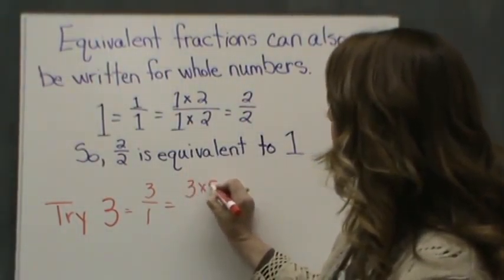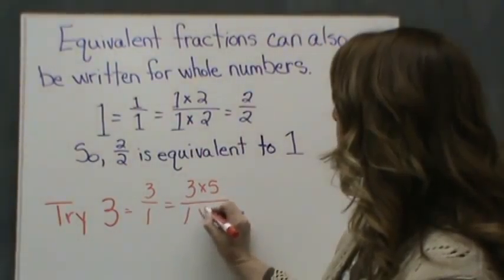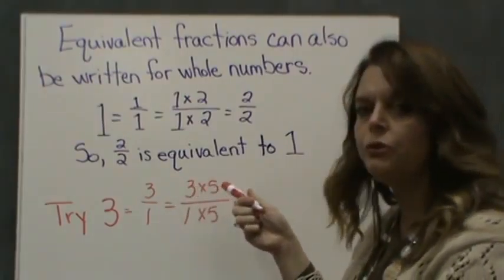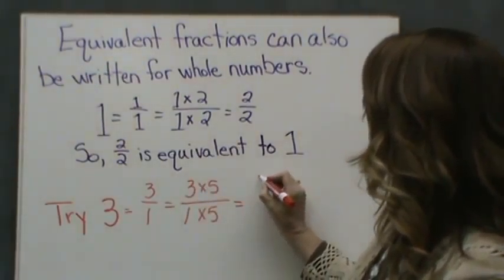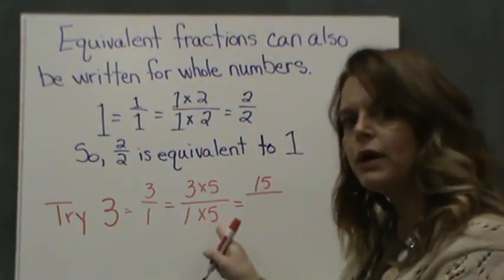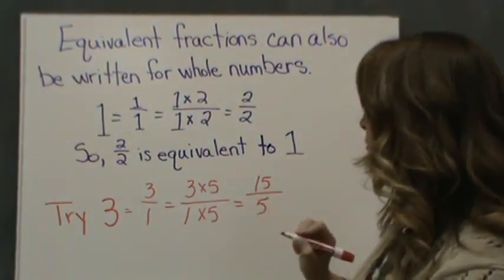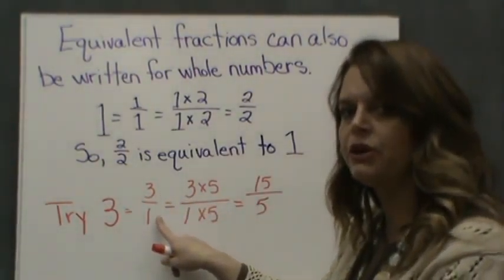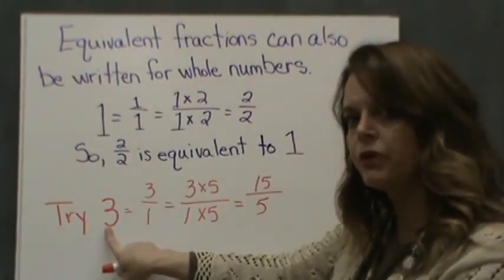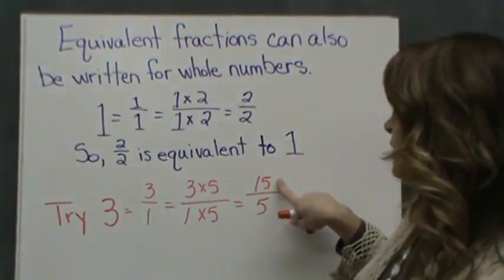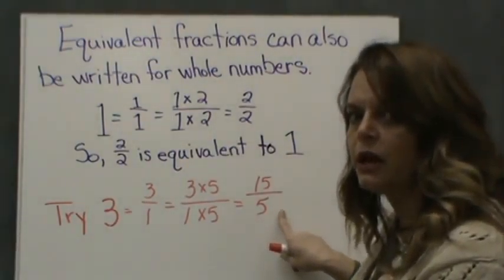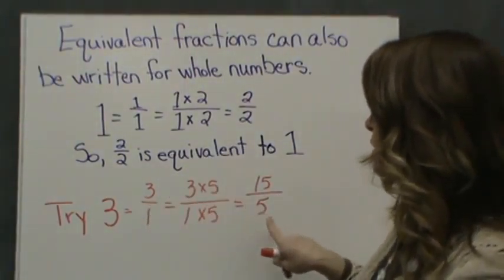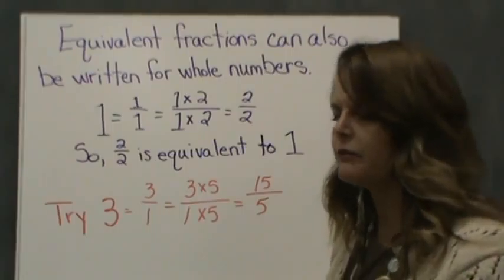If I do 3 times 5 and 1 times 5, I'll find that in my new numerator, 3 times 5 is 15, and 1 times 5 is 5. So 15/5 is equivalent to 3 over 1, which is the whole number 3. And we know that if we divide 15 by 5, we get 3. So we can see how 3 over 1 is equivalent to 15 over 5.